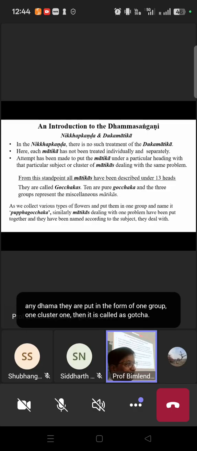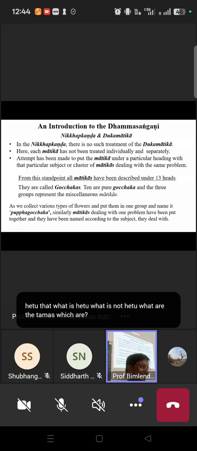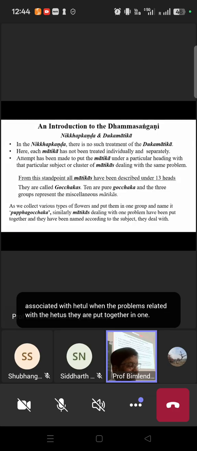First of all, it is called the Hetu Gochaka. The problems related with hetu: what is hetu, what is not hetu, what are the dhammas which are associated with the hetus, and what are the dhammas which are not associated with hetus. When the problems related with the hetus are put together in one cluster or group, this is called the Hetu Gochaka.